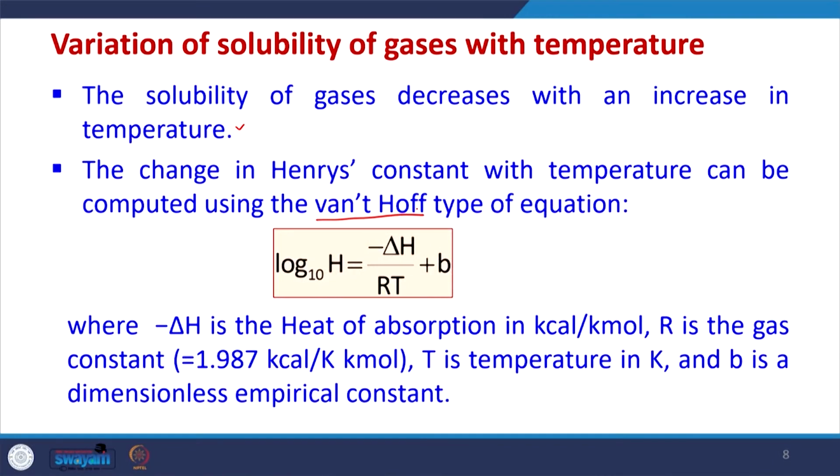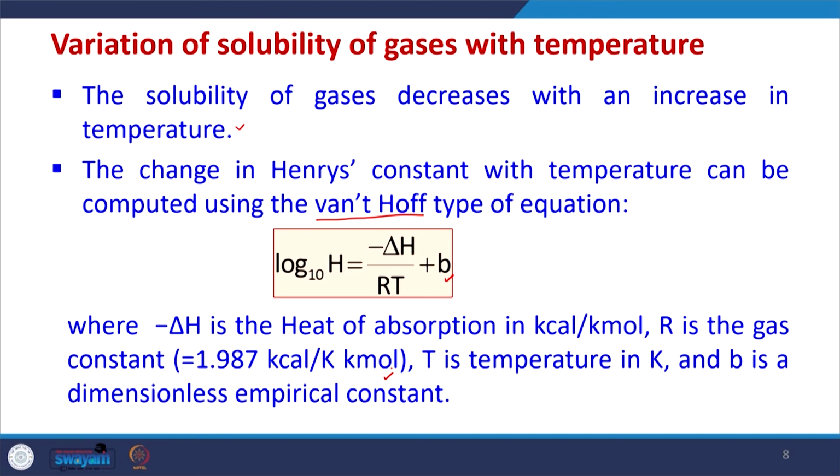So, the change in Henry's constant with temperature can be computed using one type of equation, where it is represented as log 10 H is equal to minus delta H divided by R T plus B, where R is the universal gas constant, and its unit may be any unit, only one unit is given here, and delta H is the heat of absorption in kilocalorie per mole.